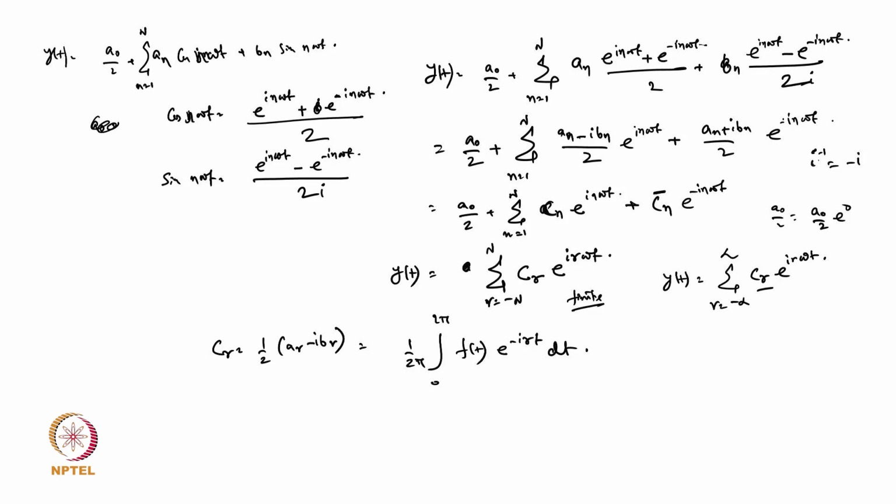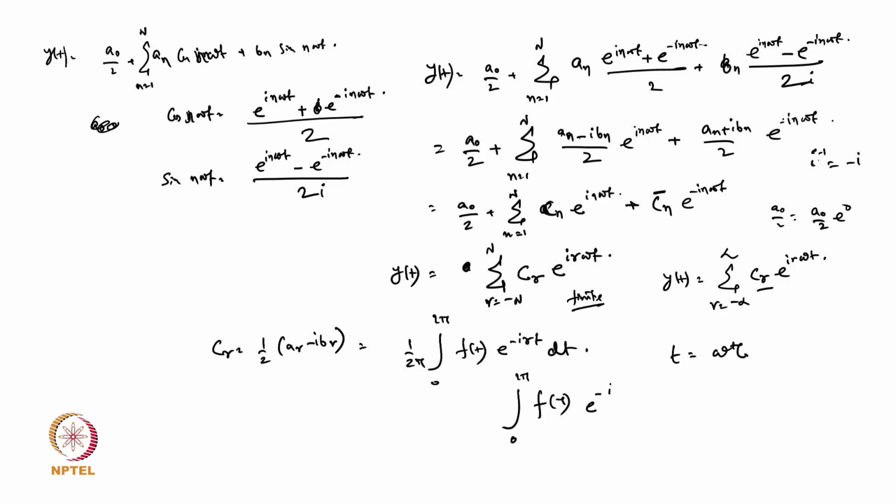Or if you are putting in the omega, then you can convert t to tau by omega. Instead of t, if you are using omega tau, then you can substitute it this way. In that case, it will become 1 by 2 pi, and f also needs to be converted.